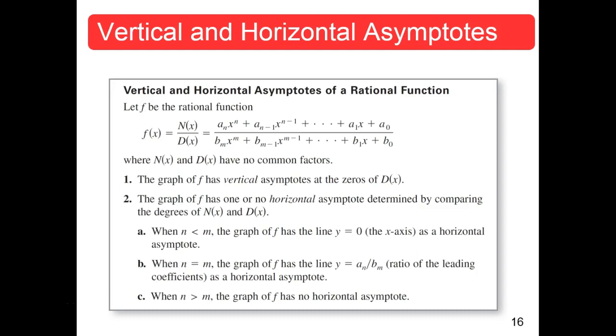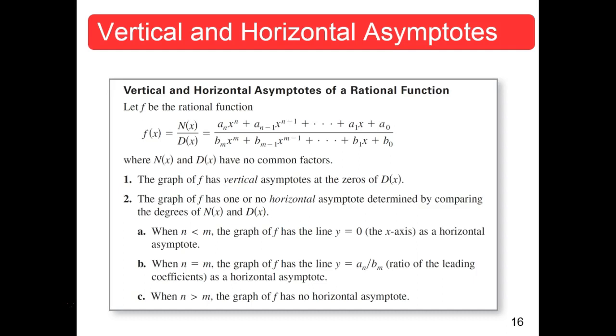Okay? So, what if n is equal to m? 3 and 3, 4 and 4, 2 and 2, whatever they are, you look at that ratio, those completely go out, and then you have the ratio of a sub n over b sub m. That's going to be your horizontal asymptote. Y is equal to the ratio of the leading coefficients. Okay?